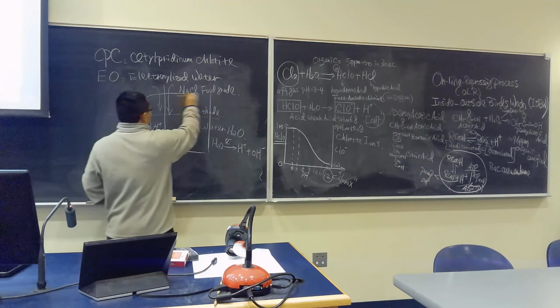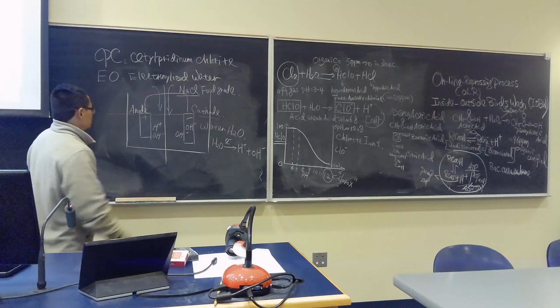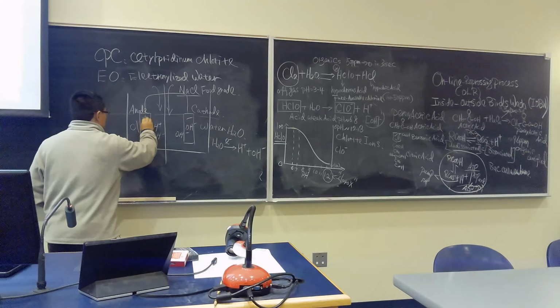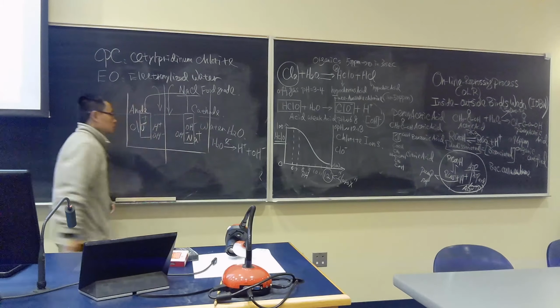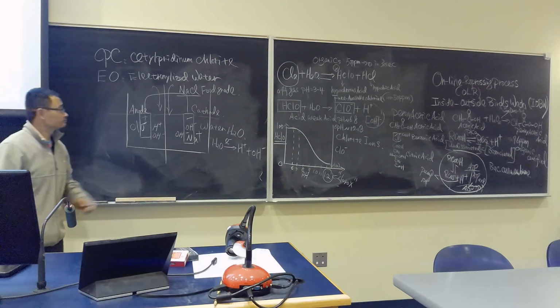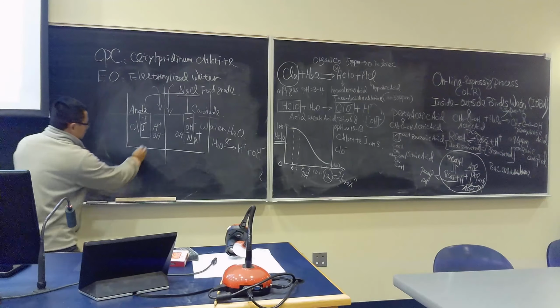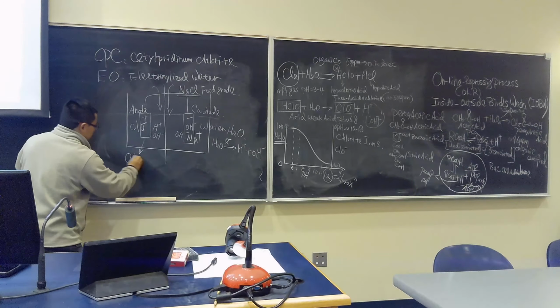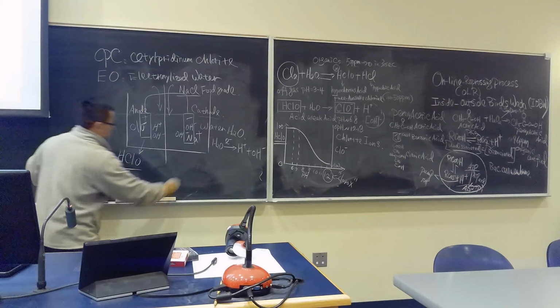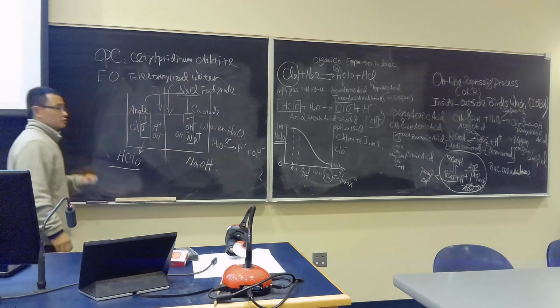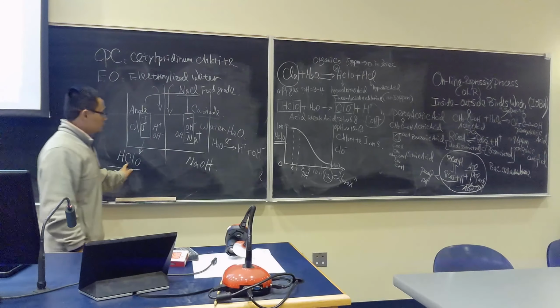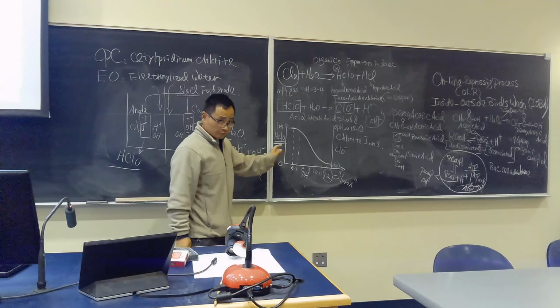What are these guys? This guy will have Cl and Na, sodium. So what happened? In the anode, they will generate this guy. Here will generate sodium hydroxide. What is this? Free chlorine.